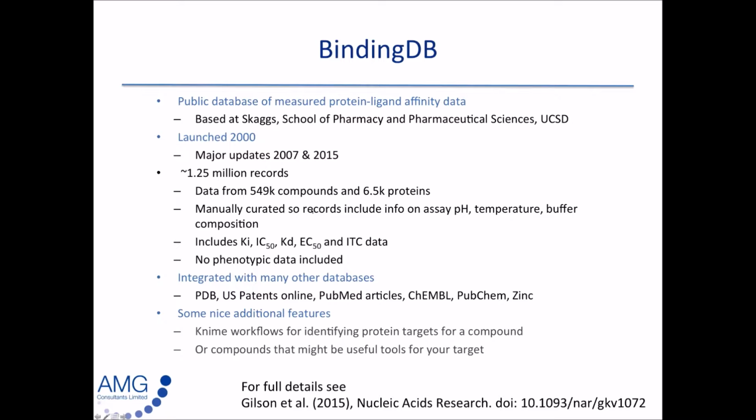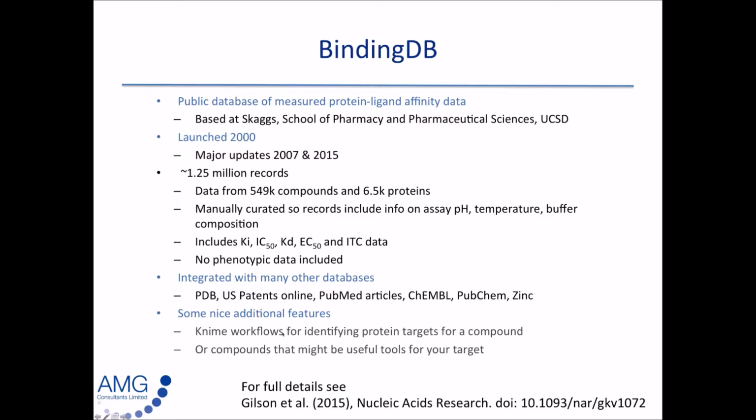But the database now contains some 1.25 million records from 549,000 compounds. It's manually curated, so there's a lot of information on the assays that the compounds were tested in, and it also contains some ITC calorimetry data. There is no phenotypic data here. All the data values are measured experimental Ki, IC50 values and the like.